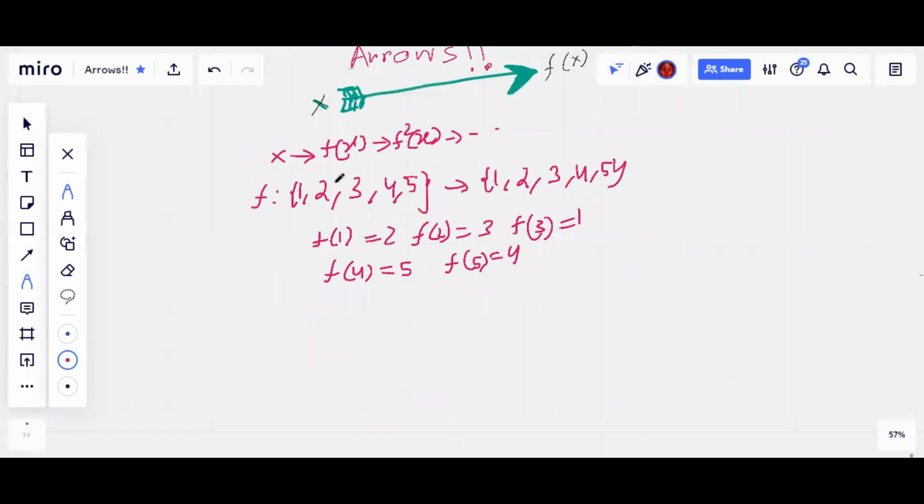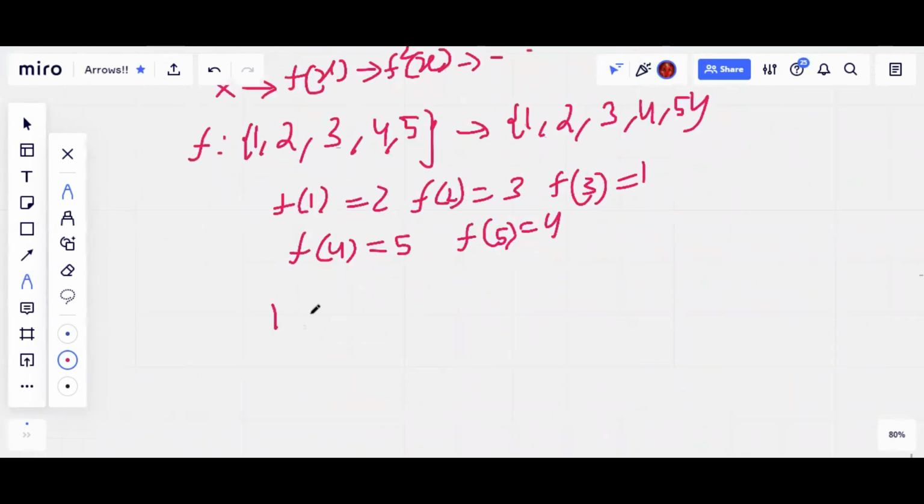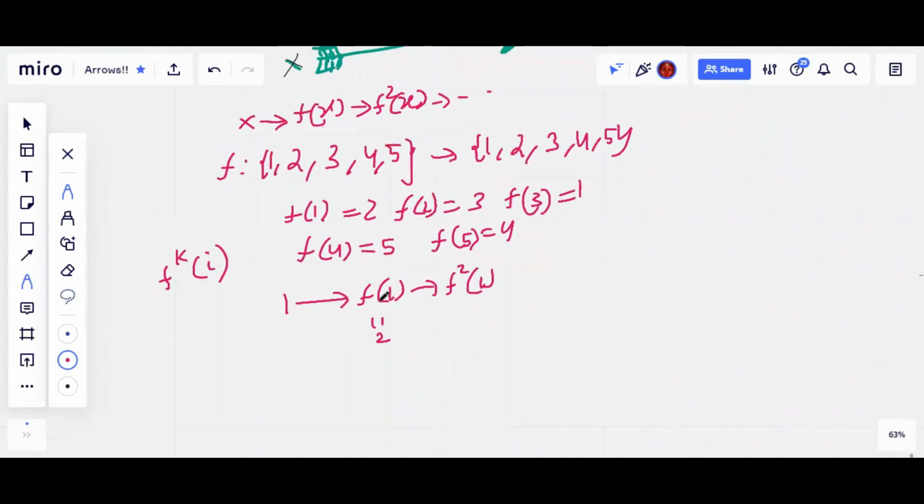So if you draw arrows between the input and the output like this, f of 1, which is 2, and then, note that f to the power k of x means that you apply the function k times on x. So it's not a big deal.